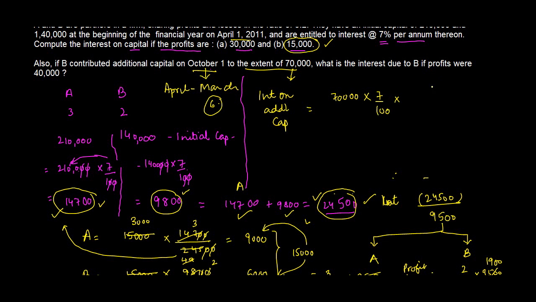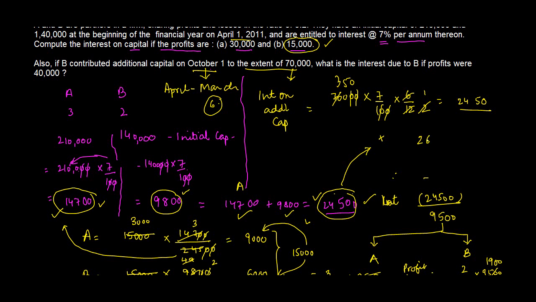Since it was used only for 6 months, we multiply it by 6 and divide it by 12, proportionately. This knocks off, this goes off here. 350 into 7 gives 2450. Now the original interest was 24,500 and the additional interest is 2450.